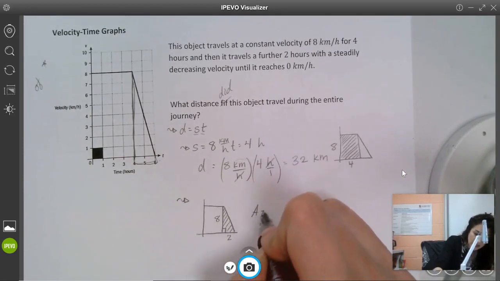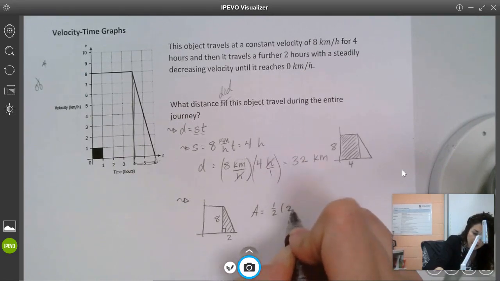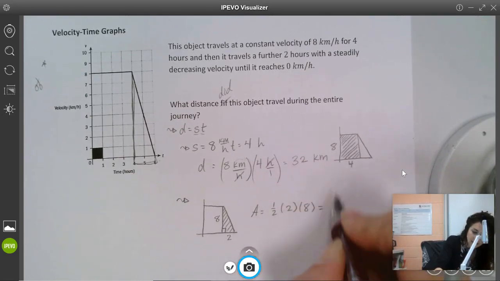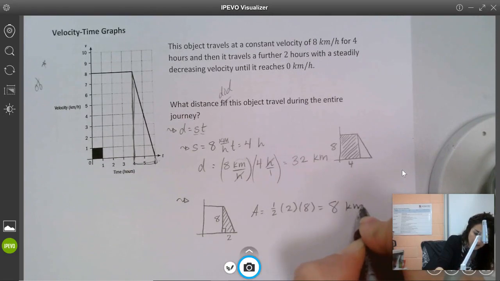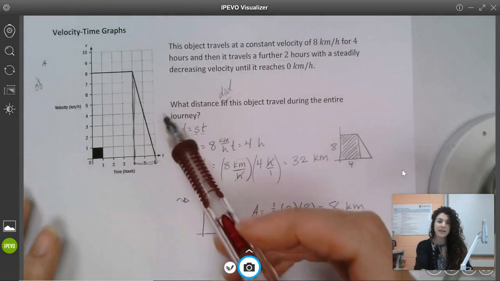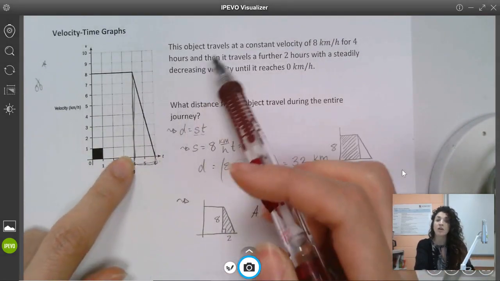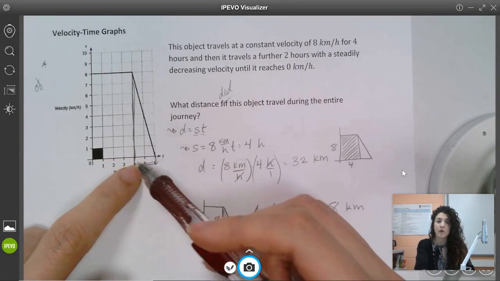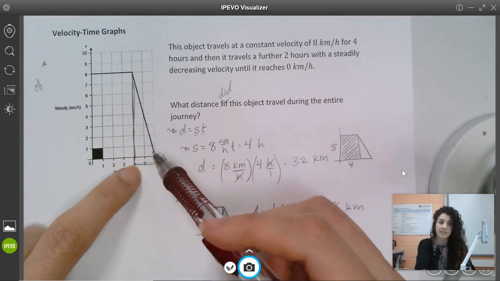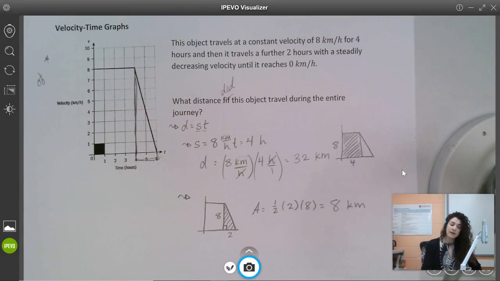So then that area is equal to 1/2 times 2 times 8, which is 8 kilometers. And that's how many kilometers that object traveled for that 2 hours with a constant decreasing speed.